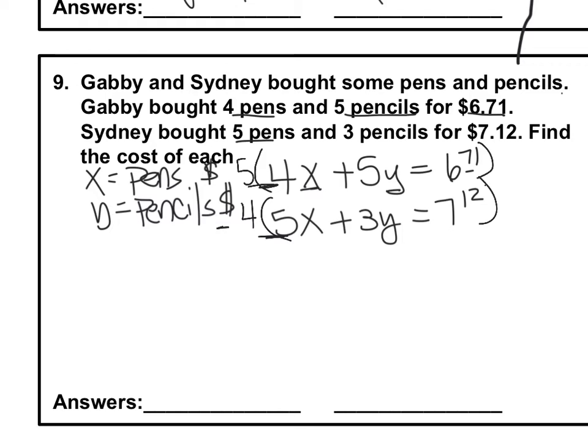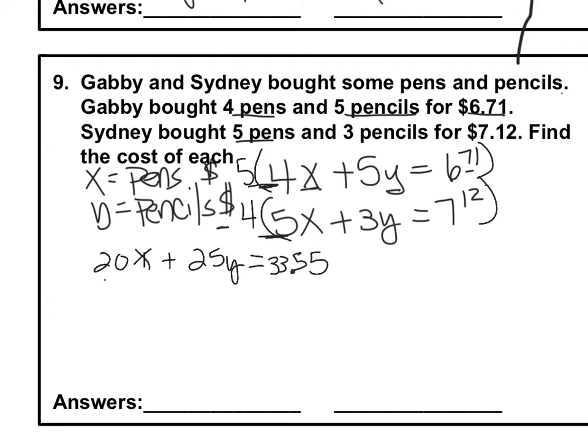So when I multiply, I'm going to get 20x plus 5 times 5y is 25y equals 33.55.